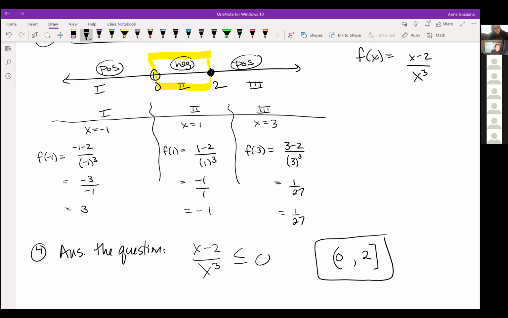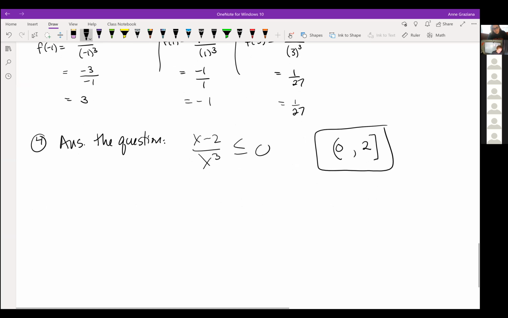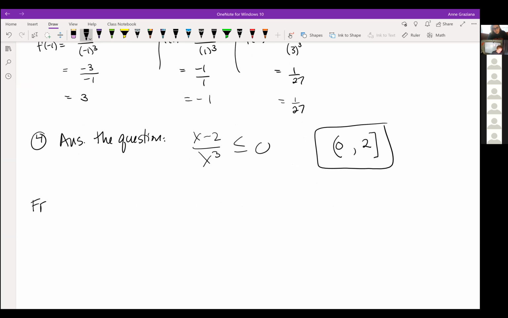All right, let me have you guys try this one on your own. This is from Final Exam Winter 11, okay? And it was solve x to the third is greater than negative 3x squared.